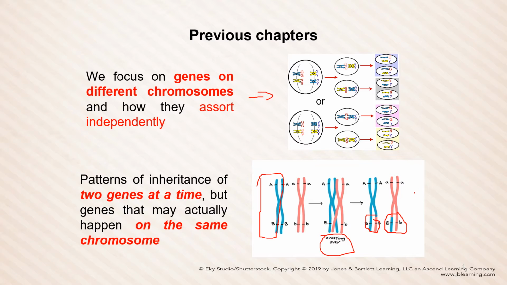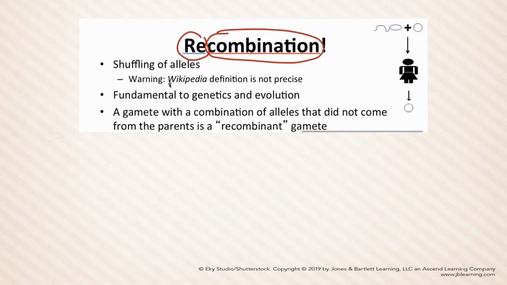Does this always happen, and does it happen at the same rate? What happens with the distance on the chromosome? Will the same thing happen if the genes are very far apart, or when they are very close? So we are going to answer those questions today, and also we are going to prove those concepts in the lab using fruit flies.